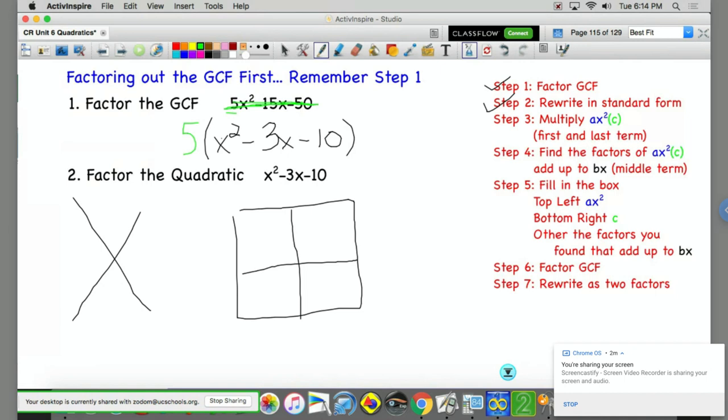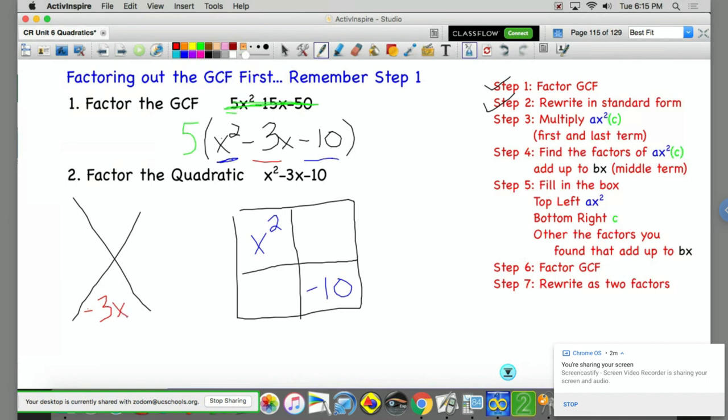So this top left box is always going to be ax squared, which in this case is x squared. And then C is still going to go in the bottom right, which is that negative 10. So I like to go ahead and fill that in. And the other thing that I can fill in is going to be my negative 3x, which is my bx. And we know the bx is the bottom of the x. So we can go ahead and put negative 3x there.